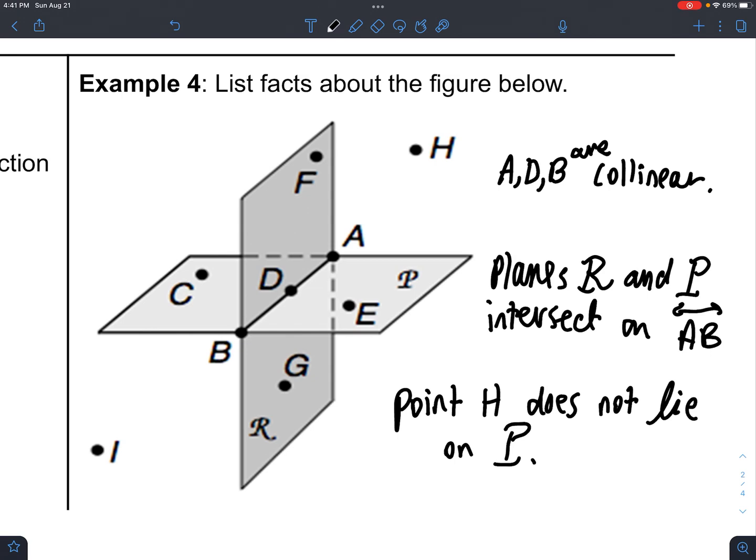But it's important to know that in geometry, you can never assume anything based on the picture, because this could come out like this, which those planes do go on forever. So I could be on the plane, but so you have to be a little cautious when you say things like this.